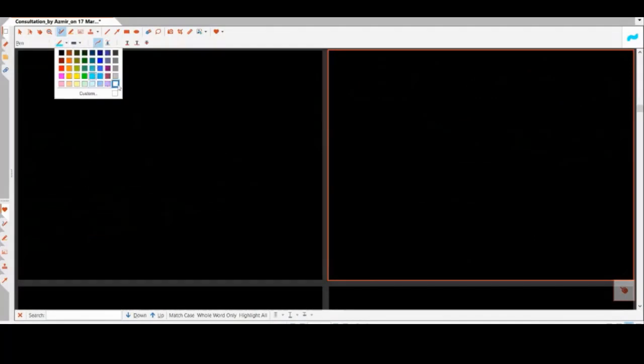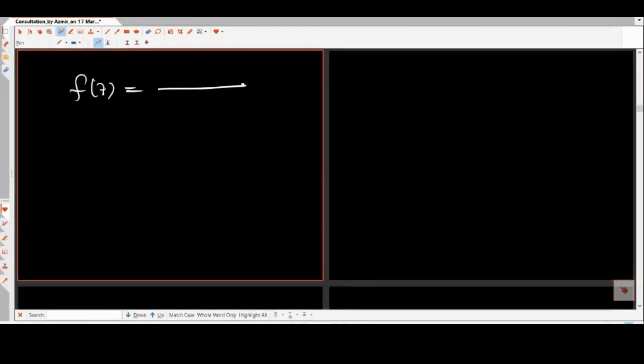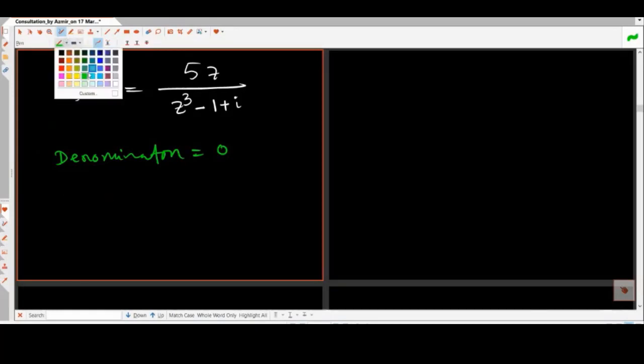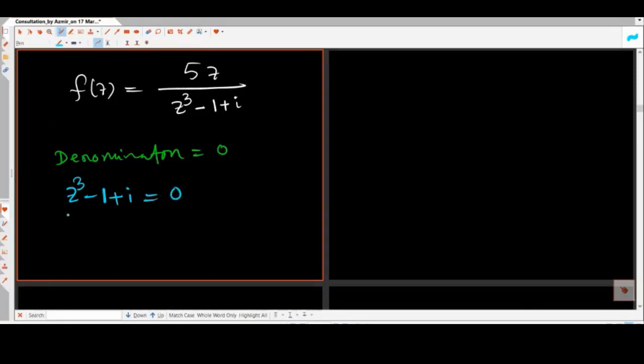Let's say you have f(z) = 5z over (z cubed − 1 + i). For finding the singular points, the technique is to use denominator = 0. That means z cubed − 1 + i = 0, and now you have to solve this equation. How can we solve it?